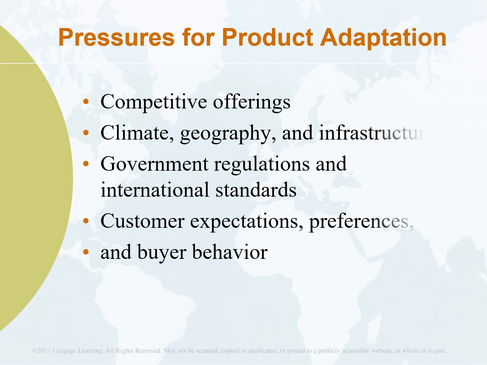Pressures for product adaptation. It could be from your competitive offerings, what competitors offer, and you may have to adapt to that. Climate: too cold, too hot, too humid, too dry. Geography: mountains, plains, by the seas. And infrastructures. Don't assume every country has all the infrastructure like what we have.